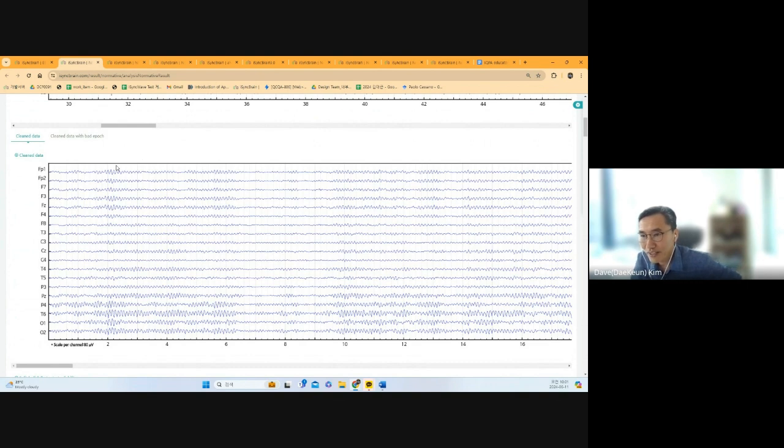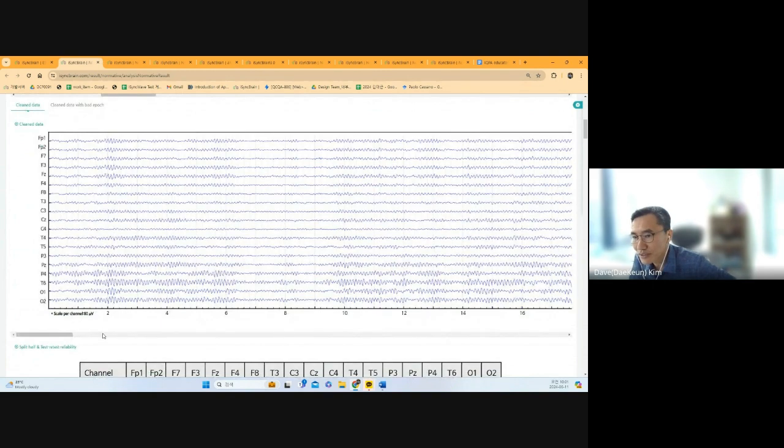So we can find how synchronized the frontal alpha activity is in the connectivity map or the power map. Usually depression shows this kind of typical synchronized alpha pattern in the frontal area.